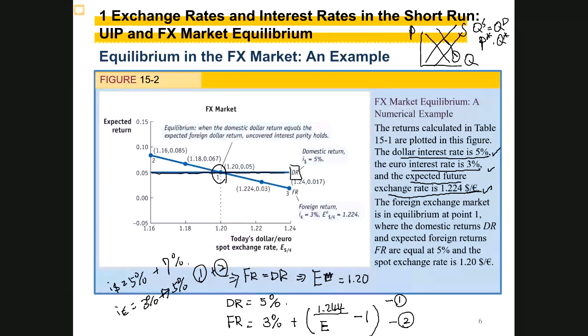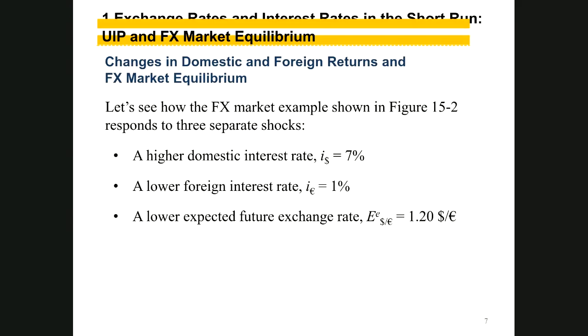Or my exchange rate moves from 1.22 to 3, something like that? We need to shift the line. Let's start from the easiest example. The book tells you to use three examples to look at the new equilibrium, so we have three separate shocks.